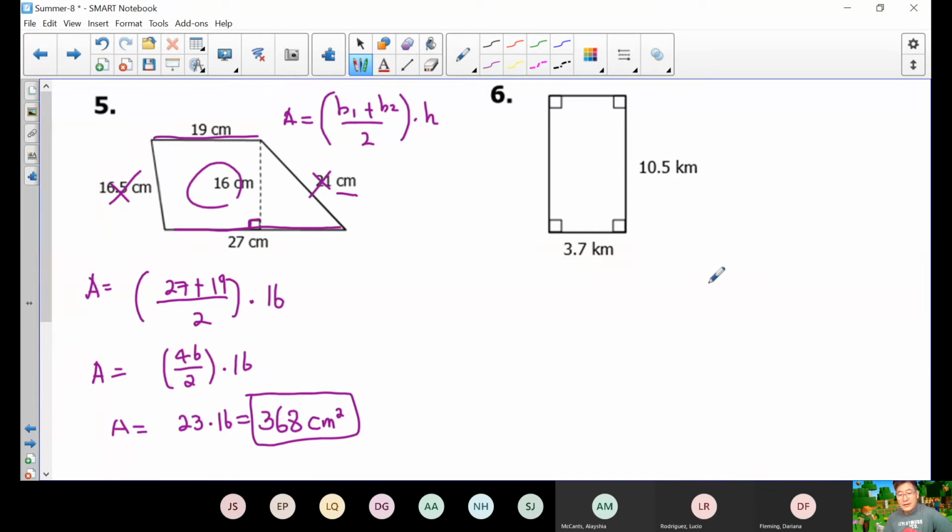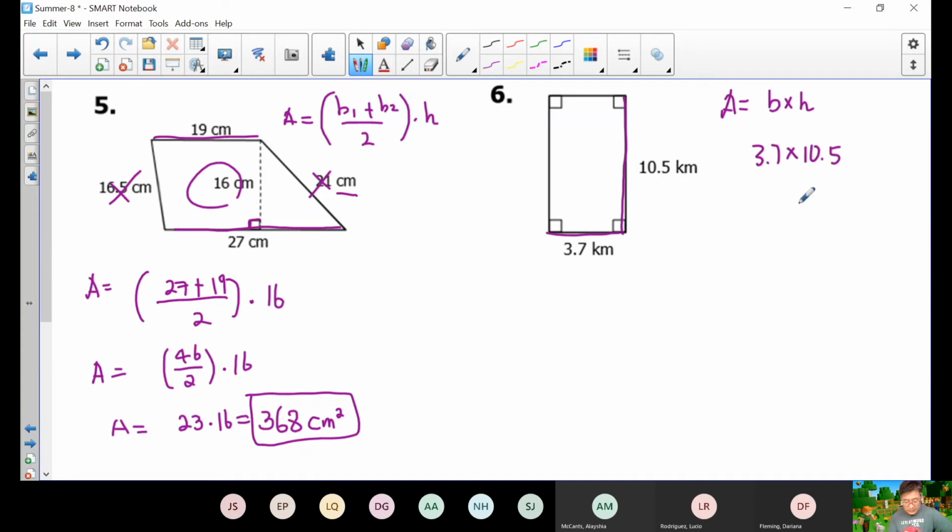Now we have a rectangle, right? Rectangle area formula is what? Base times height. So very simple, right? 3.7 times 10.5.